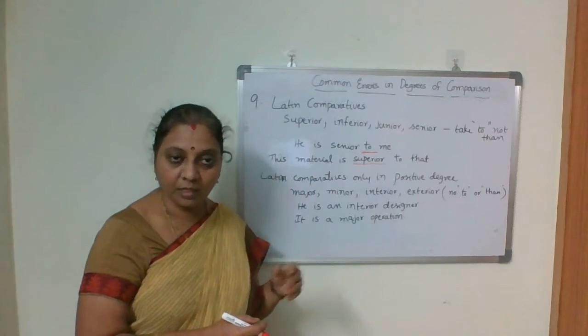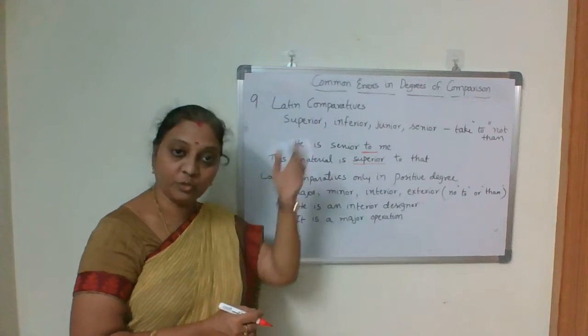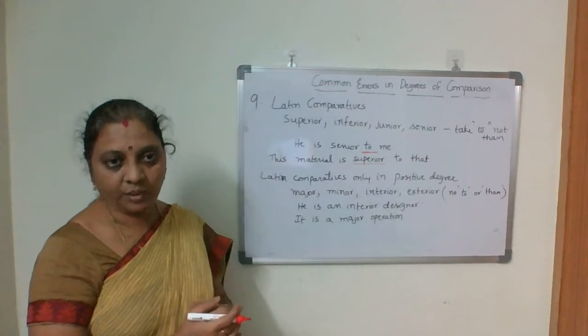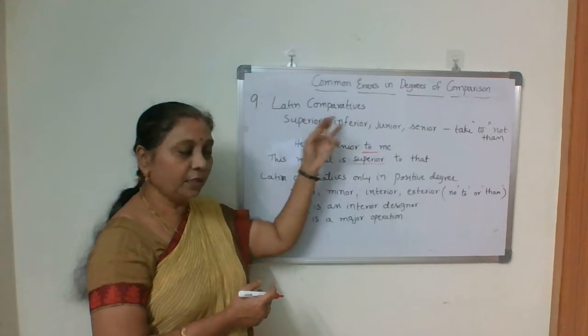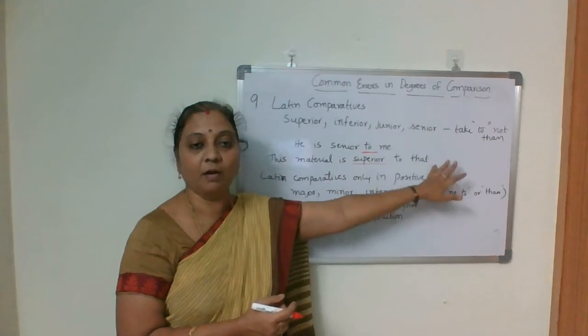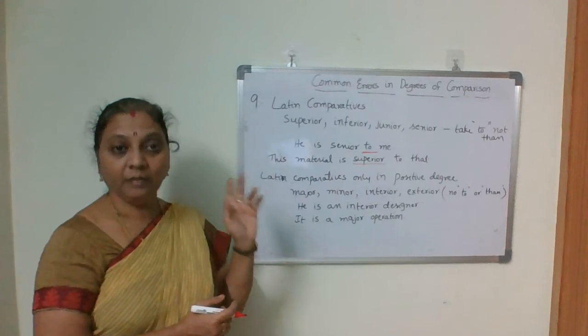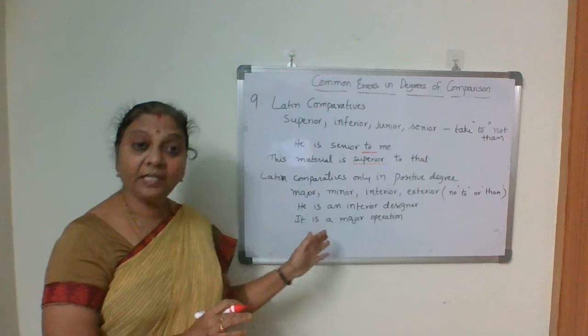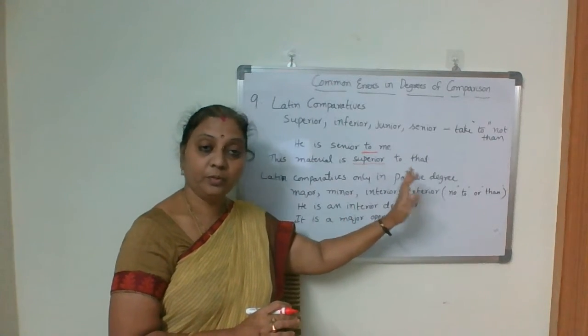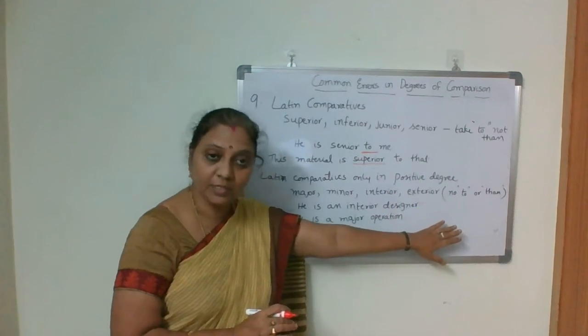We don't say "more senior to me" or "most superior". Only in one form we use superior, inferior, senior, junior, and after that you don't use "than", we use only "to".